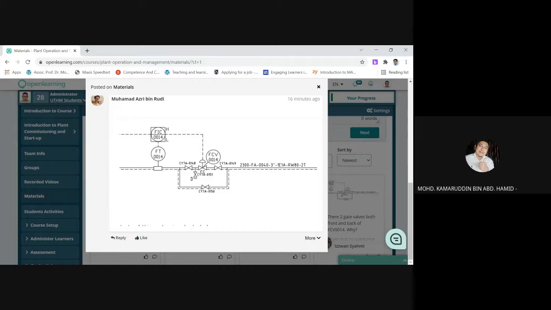Kadang-kadang dalam 1 minit tu banyak kali berlaku. Even 1 second open, 1 second close. Then we expect that benda ni akan sentiasa malfunction, akan sentiasa stick. You may have a sticky valve.